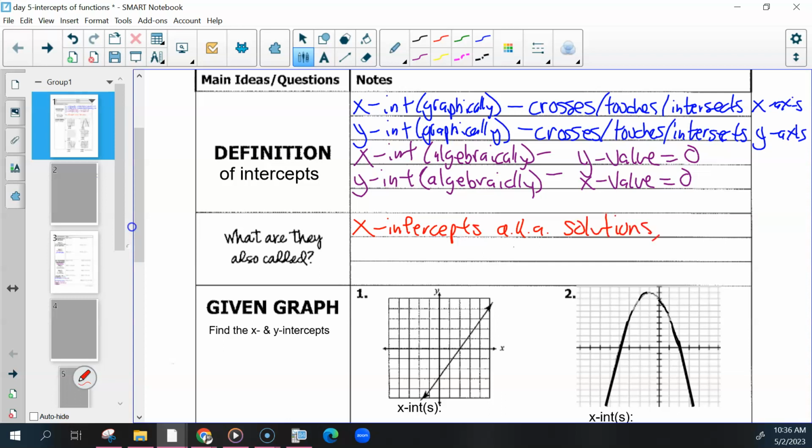Anyone remember the other two? Zeros is another.